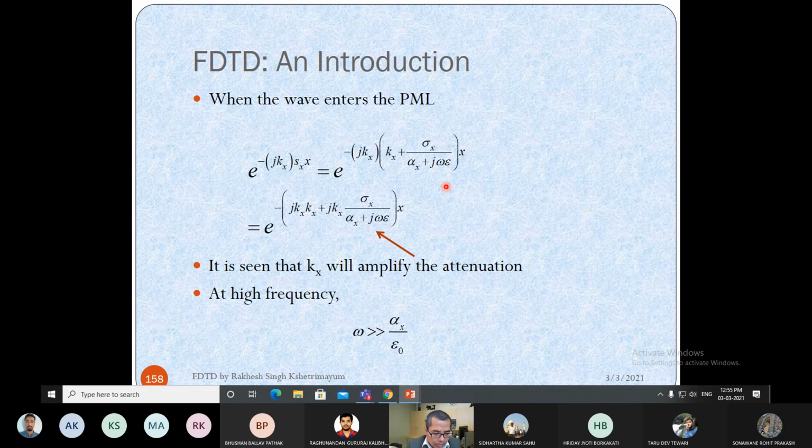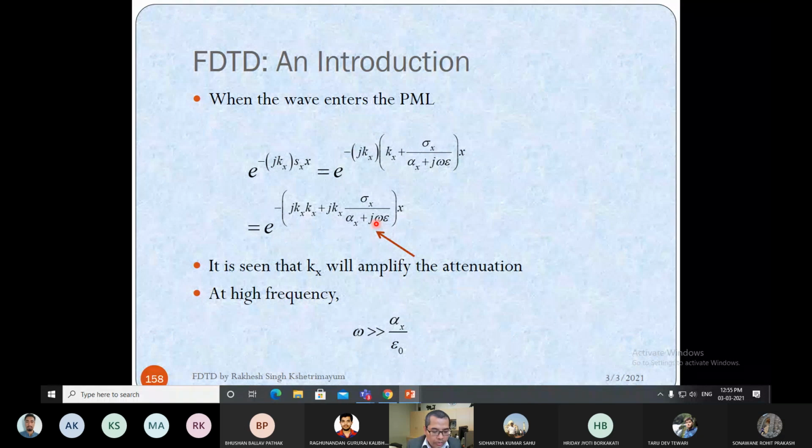So now, what happens to this wave when you have high frequency? High frequency means omega is 2 pi f, so f will go higher and higher. So omega will also become larger and larger, so this term would be the dominant term here. Alpha x would be neglected.